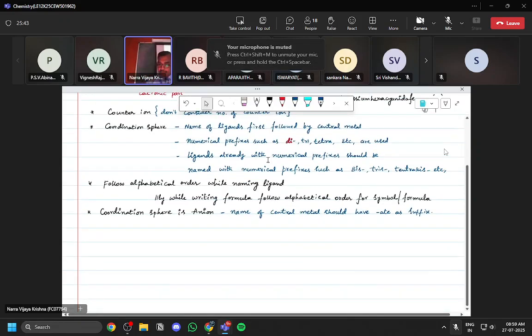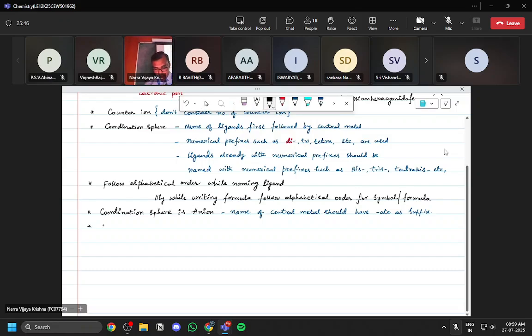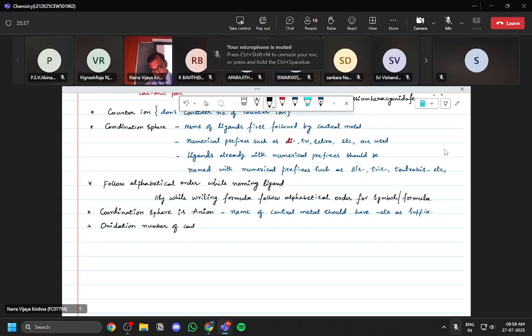So shall I write that point? Oxidation number of central atom is mentioned in Roman numerals.